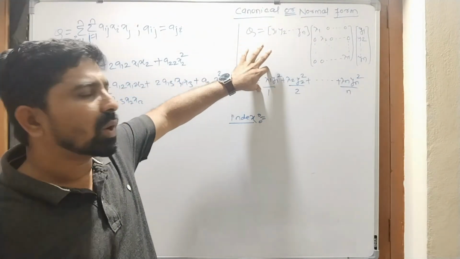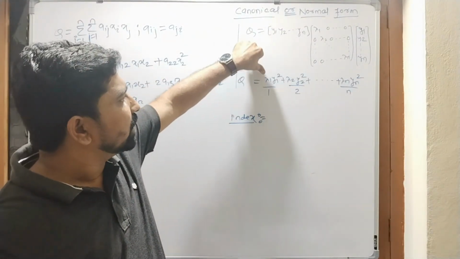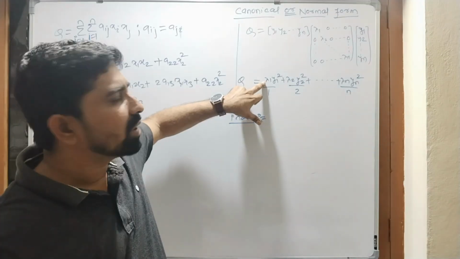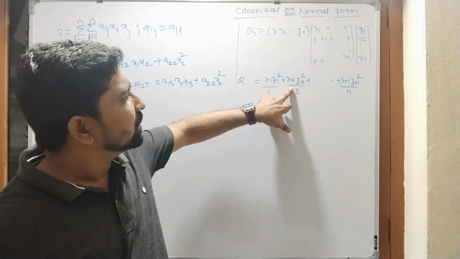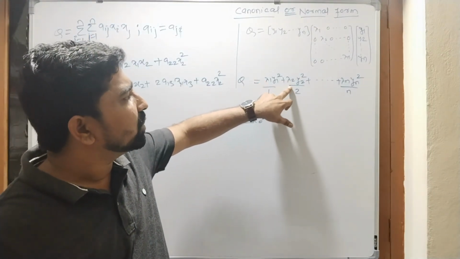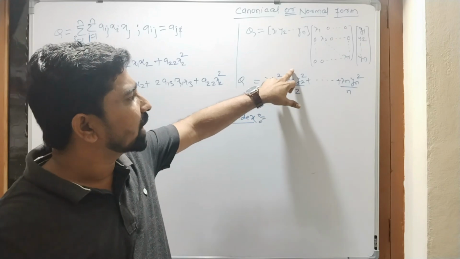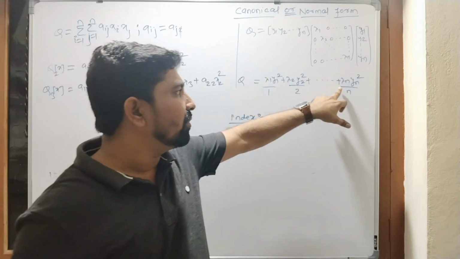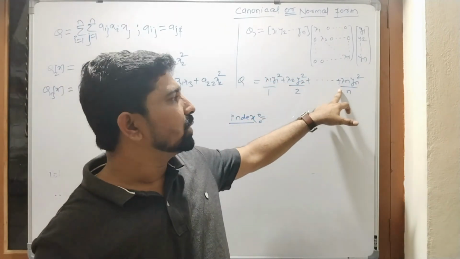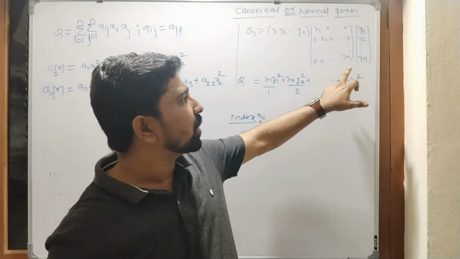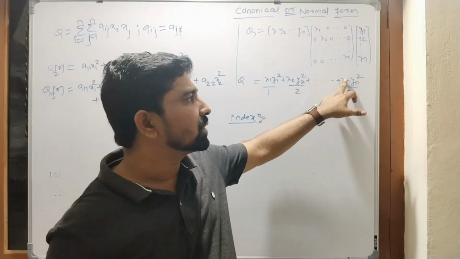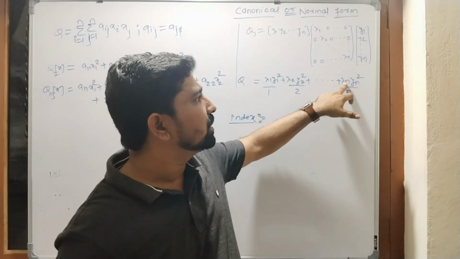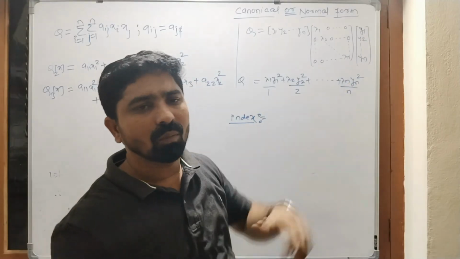Whether this first term is positive or negative is completely based on the eigenvalue lambda 1. The second term, whether it is positive or negative, depends completely on the eigenvalue lambda 2. In the same way, the nth term of the normal form depends on the eigenvalue lambda n.